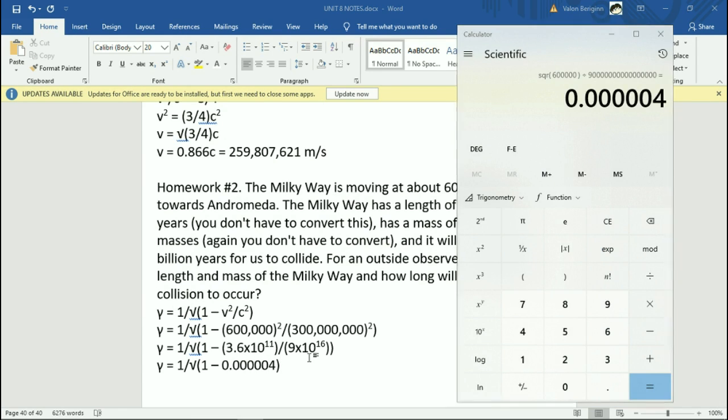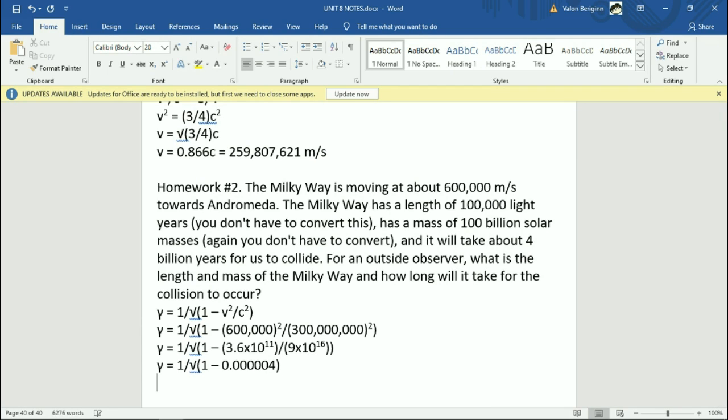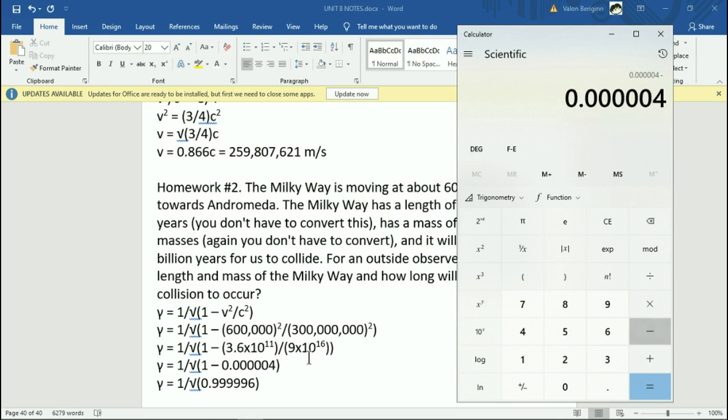Right, okay. So then we get 1 minus that, which is 0.999996. And then we square root it.